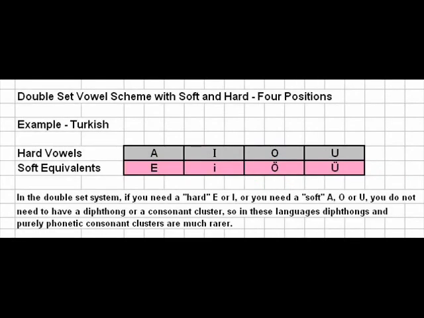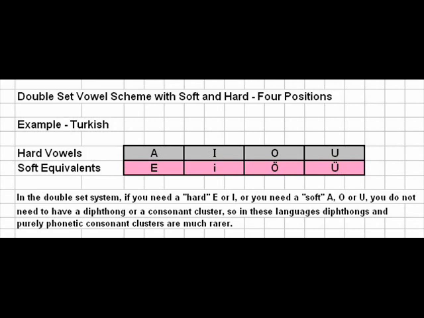Looking at this example here for Turkish, you can see a language which has a double set vowel scheme using the umlauts that Germanic has. They even borrow the Germanic symbols for these sounds to give them a full set, not an entirely full set because it's only four positions of the five, but they have here an ability to show both a hard a and a soft e.